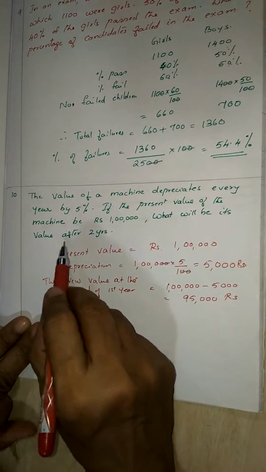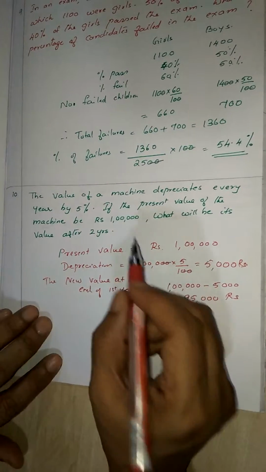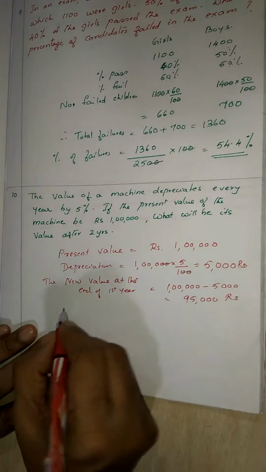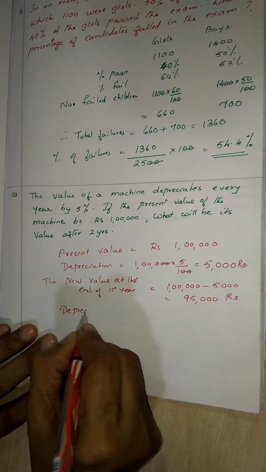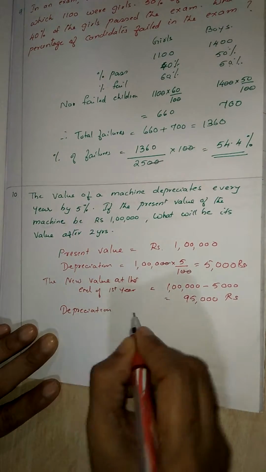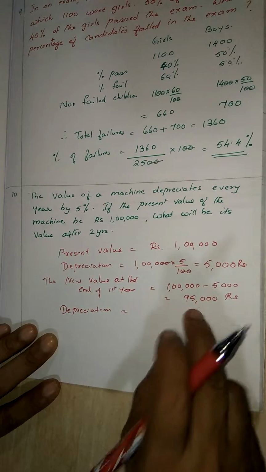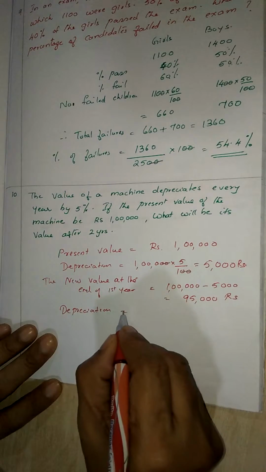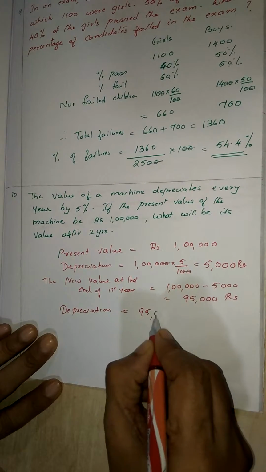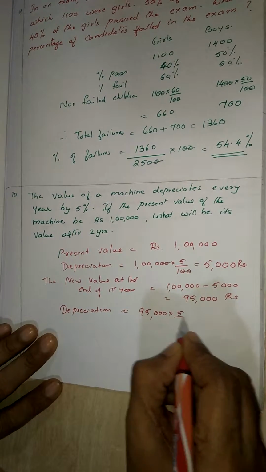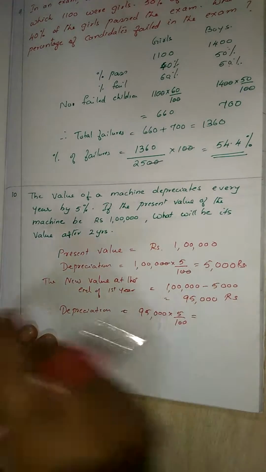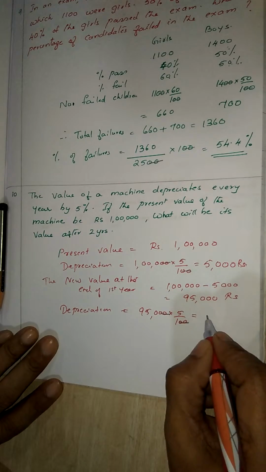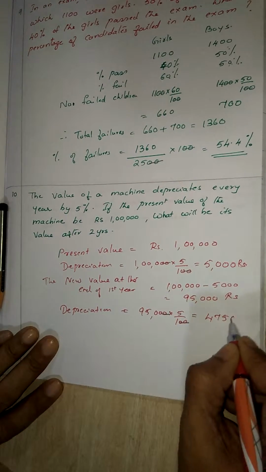Now again we have to find it for 2 years. Again 5% it is depreciating. So the present value is 95,000. So depreciation again you will find. Now you will find depreciation on 95,000 because this is the present value. You should not find depreciation again on 1 lakh. So 95,000 into 5 by 100 is equal to, again 950 into 5, you will get 4,750.